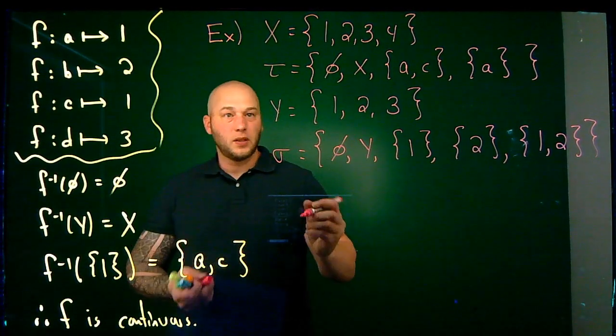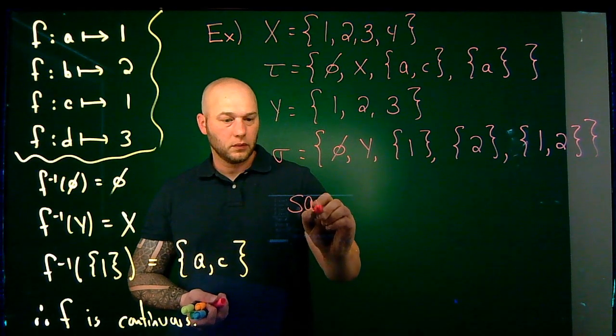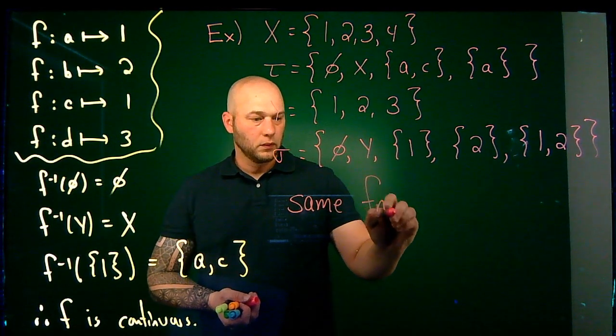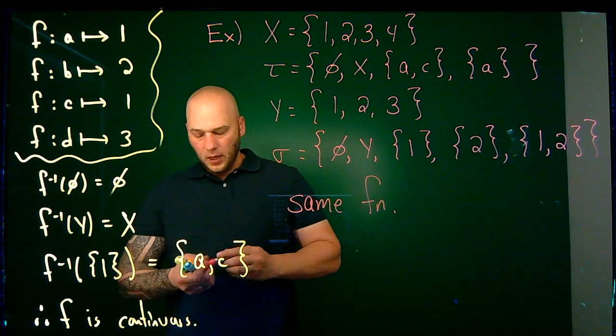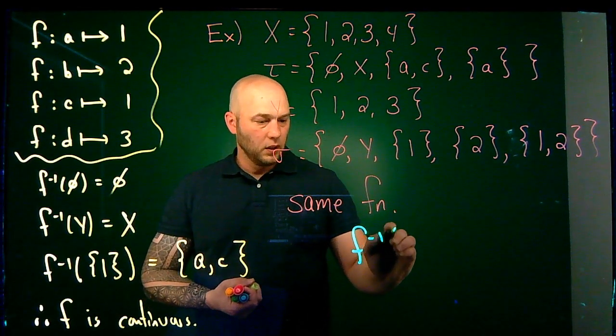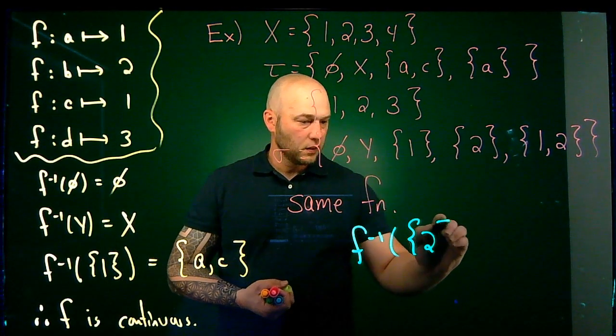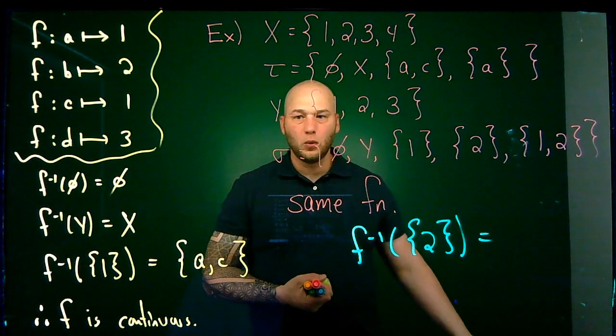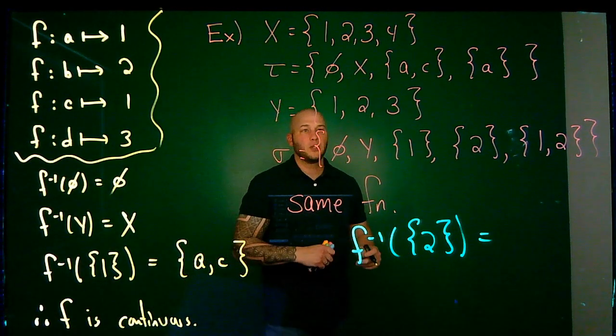Again, let's use the same function as the previous example. And let's take a look at the pre-image of the open set 2. Okay, what maps to 2?